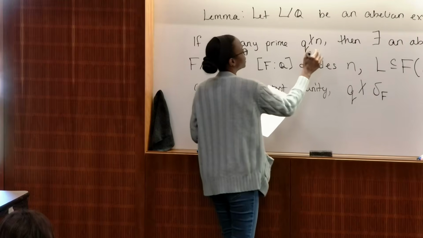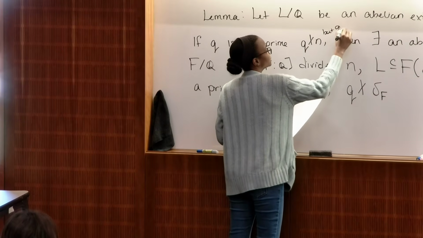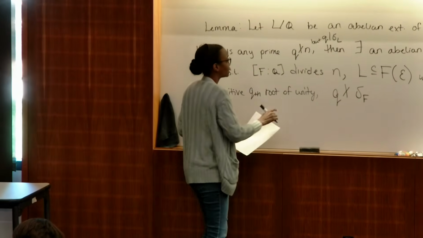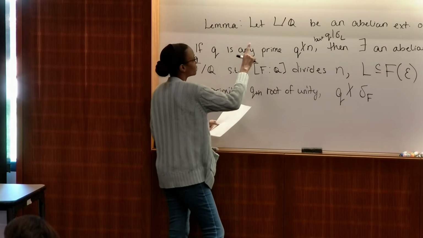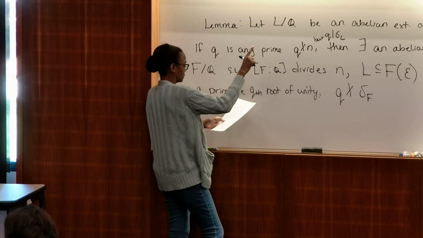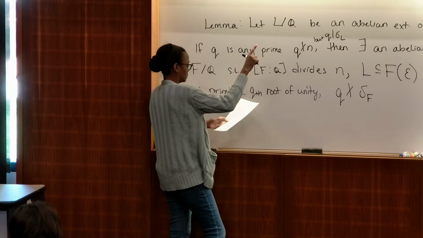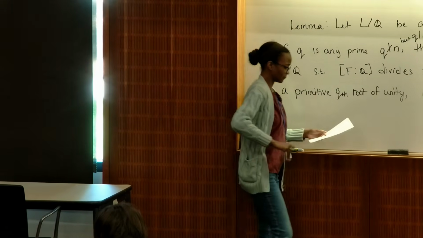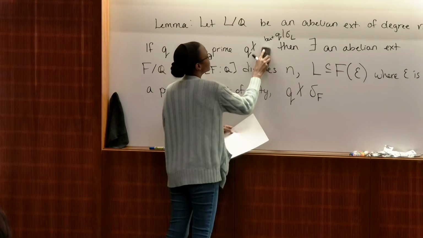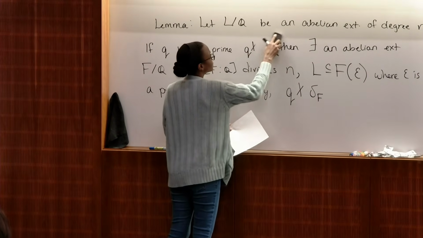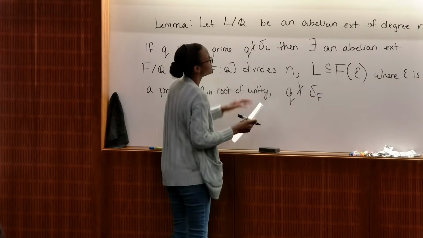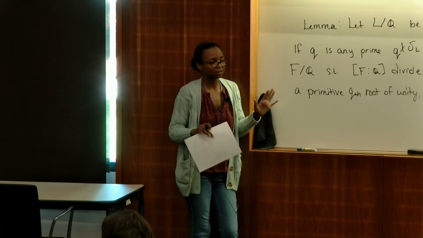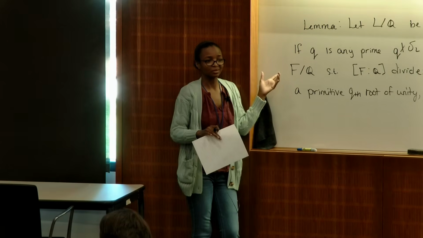Q is a prime, Q doesn't divide n, but, apologies, Q divides the discriminant of L. Put a pin in this. I think I'm making a mistake here. I may need to come back and correct this. I do need this assumption: I'm assuming that I have a discriminant that's not a pth power. That's really how I'm going to use this a little bit later. My apologies. If need be, I will correct this in the notes that I post later.